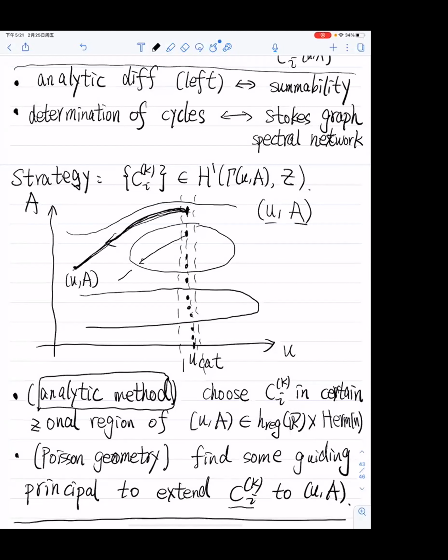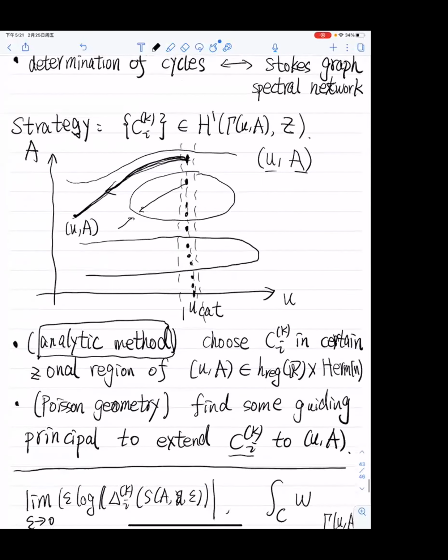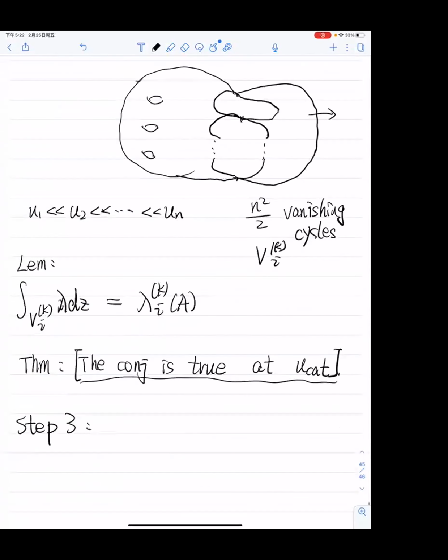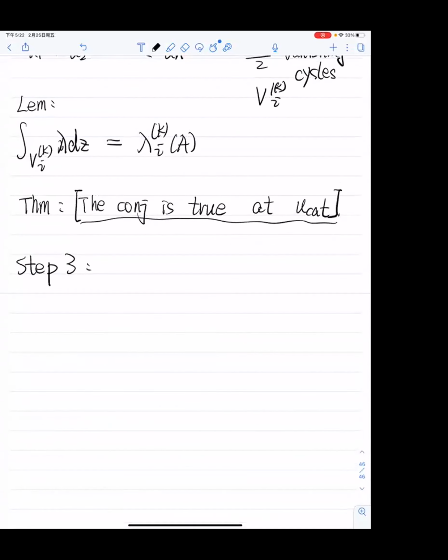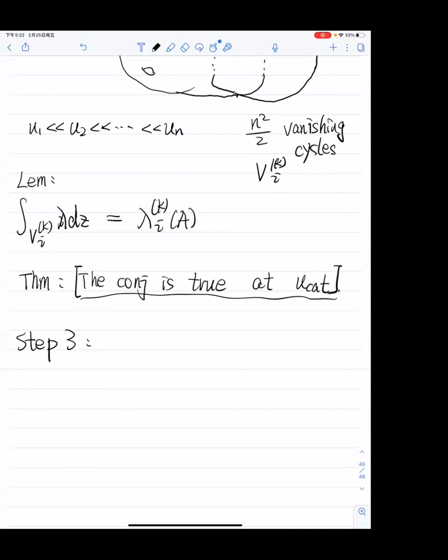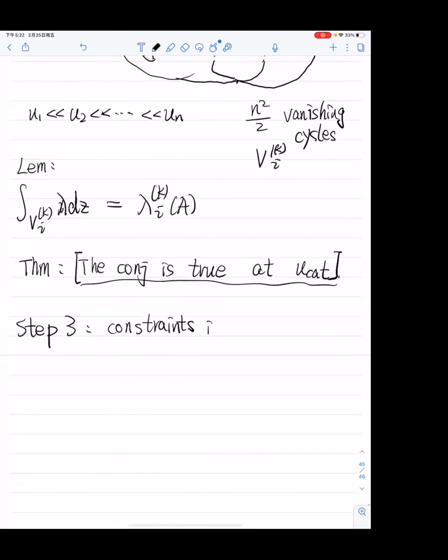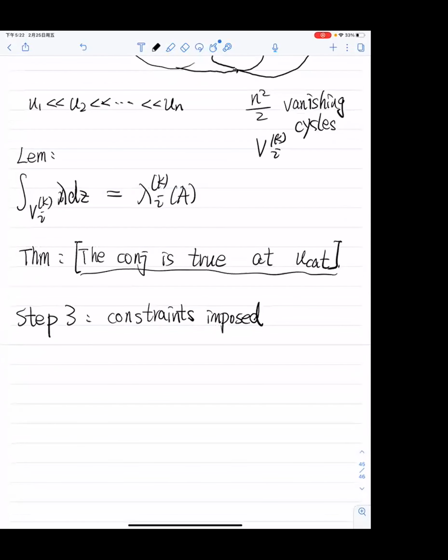And you may even have some weird monodromy. Therefore, there may be some non-trivial piecewise linear transformation on H_1 with Z coefficients. So how to understand and control this behavior? This is sort of the spectral network thing, if you know what they are. So let me give some insights from Poisson geometry.